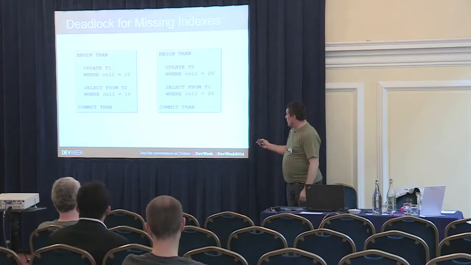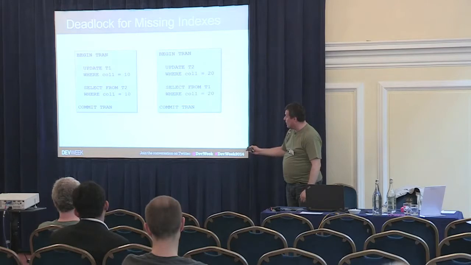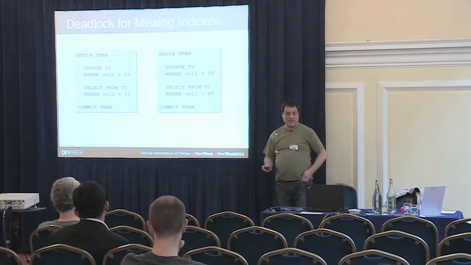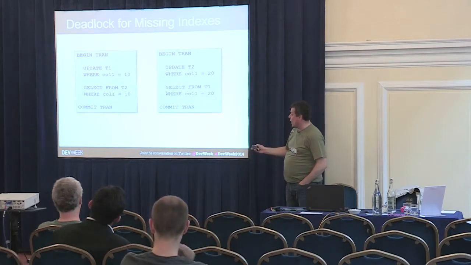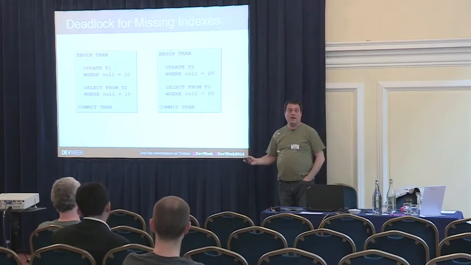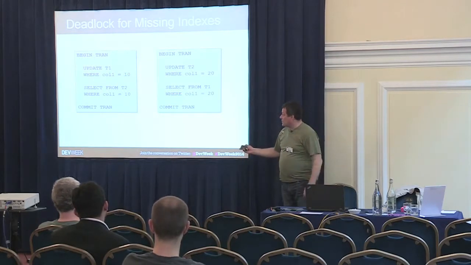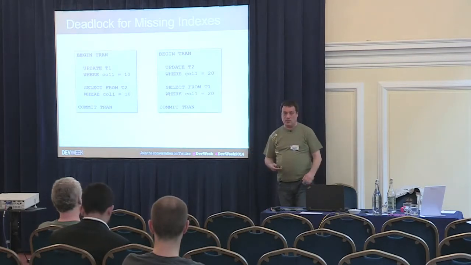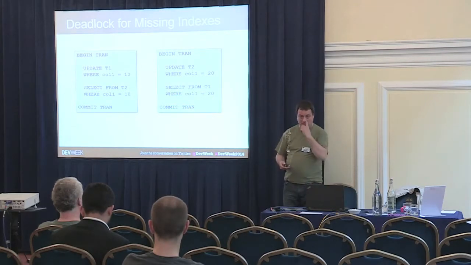This select is reading from table 1 where column 1 equals 20. And remember, the only row that was updated was the one where column 1 equals 10. However, this predicate is also not supported by an index, so this is also blocked. And because both transactions are blocking each other, I get another deadlock.